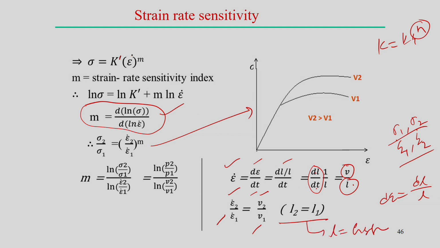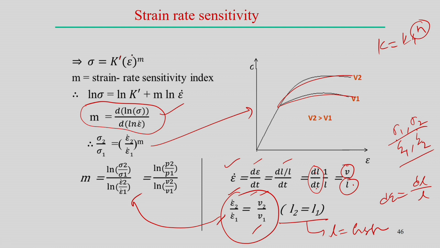So here graphically you can represent V1 and V2, the two different crosshead speeds, and that ratio can be easily estimated, and if you put this value here, we can easily find the value of the strain rate sensitivity index.